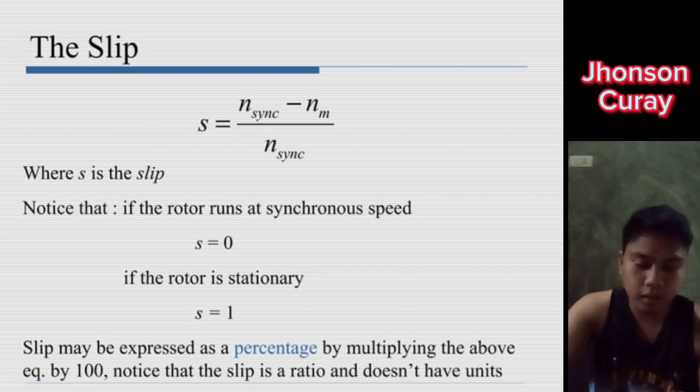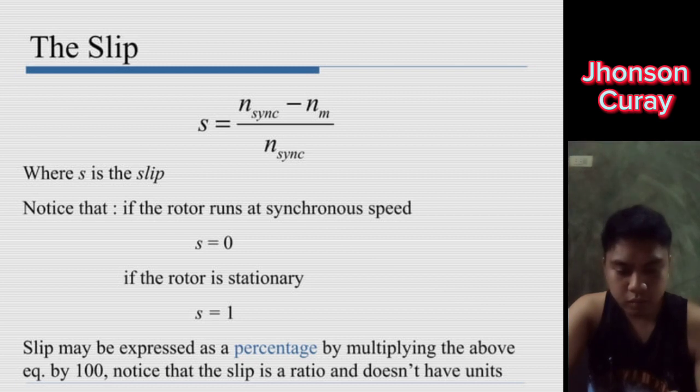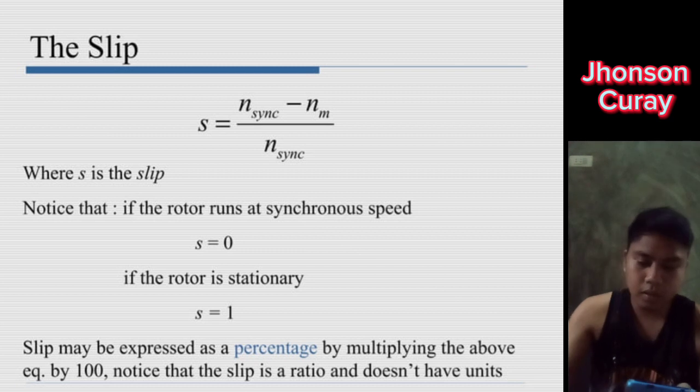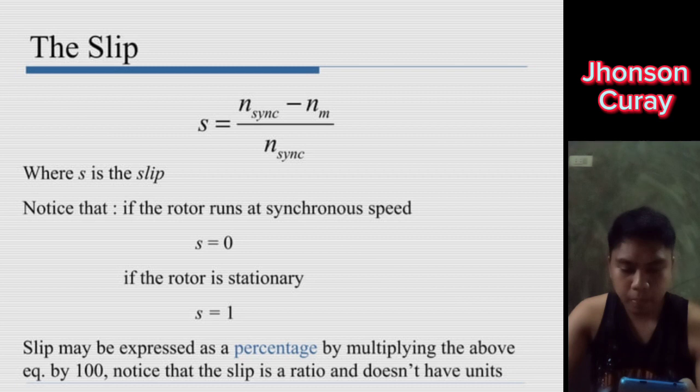Notice that if the rotor runs at synchronous speed, s equals 0. If the rotor is stationary, s equals 1. Slip may be expressed as a percentage by multiplying the above equation by 100%. Notice that the slip is a ratio and doesn't have a unit.